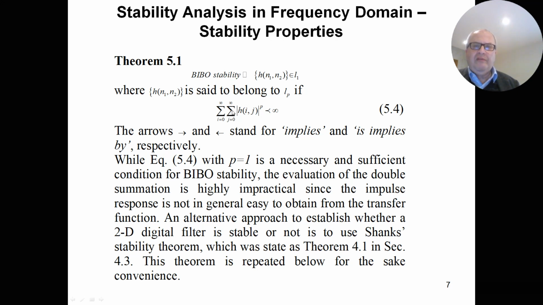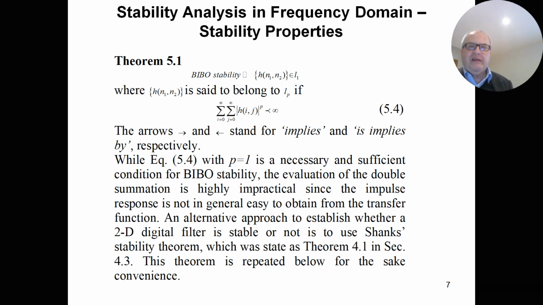If your system is stable, then for every integer p, this double sum is bounded. This is a necessary condition, but only if p is equal to 1, then this condition is necessary and sufficient. If p is equal to 2 or 3, etc., this condition is only necessary for stability.